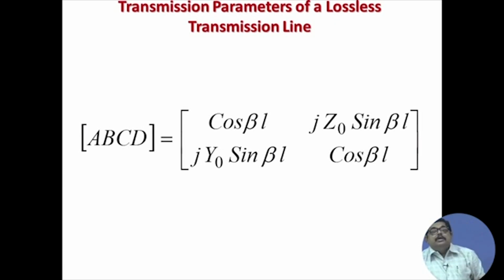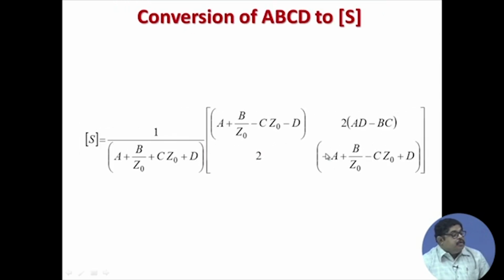So finally, you get the transmission parameters of a lossless transmission line to be cos beta L, j Z0 sin beta L, etc. Now for conversion of ABCD to S, this formula is there for interconversion. S is common for the whole matrix, and then these formulas.